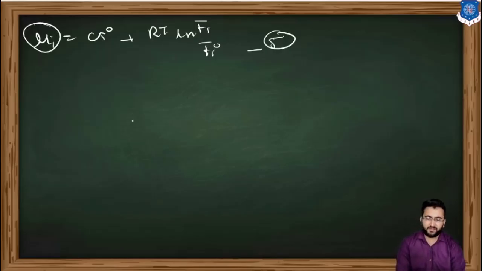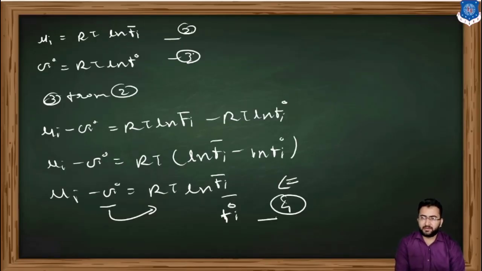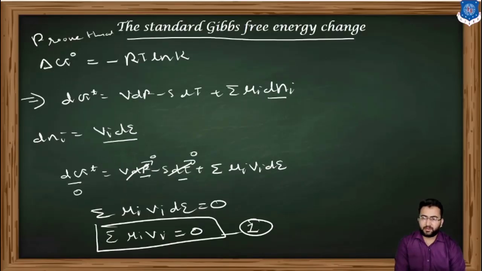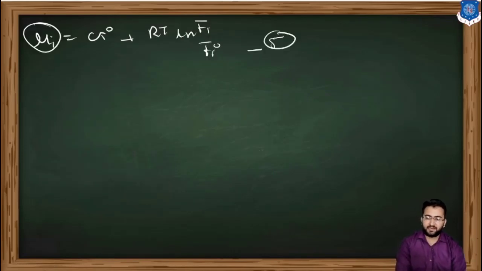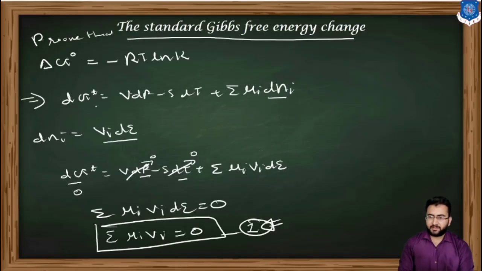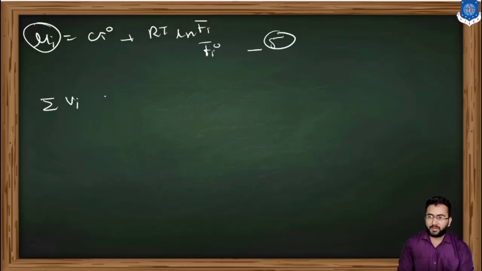Now putting the value of mu i from equation number 5 into equation number 1, we get summation of vi into mu i, where we put the value of mu i.